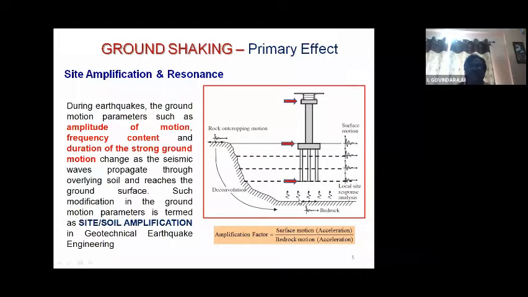In the meanwhile, when the vibrations caused by earthquakes pass from the bedrock and reach the overlying ground surface through the overlying layers, they get modified in terms of their magnitude. And after effects of this ground motion, the horizontal seismic forces are generated at various levels of the structures. Say, for example, this is the foundation.